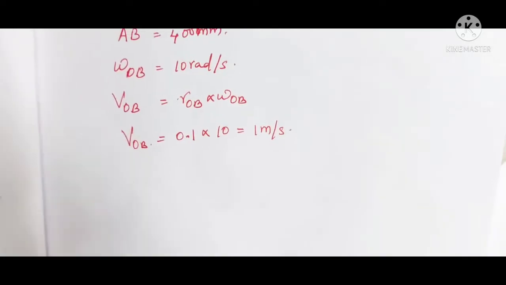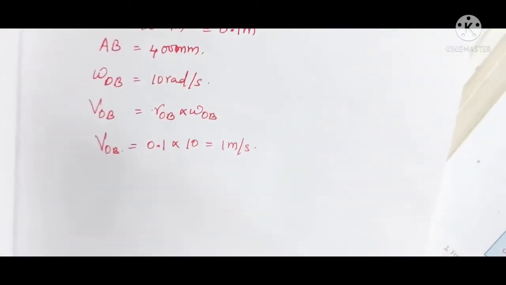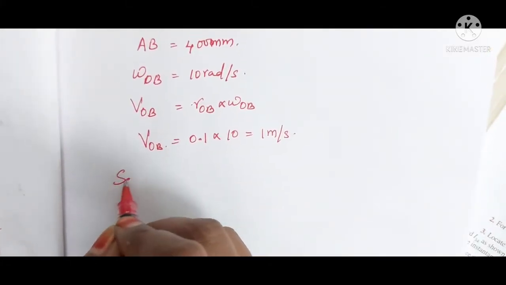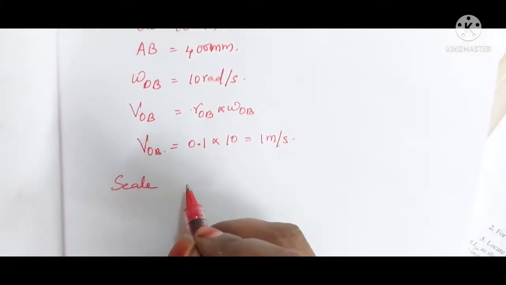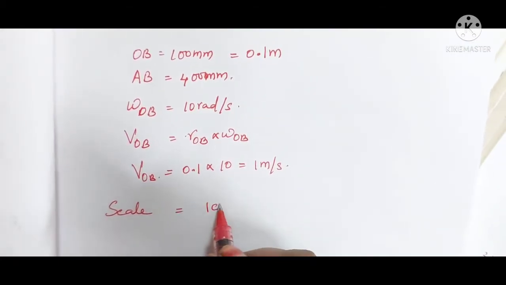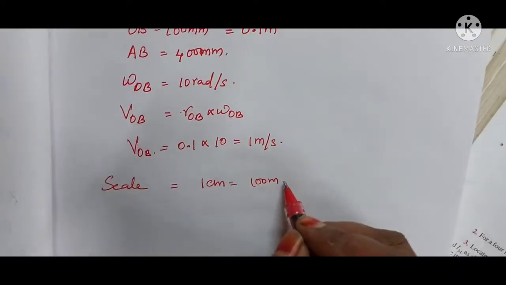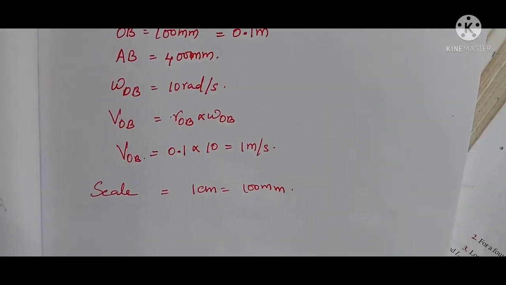Now find the number of instantaneous centers. From the diagram, first I will draw the space diagram by taking a scale. Based on the given data, 100 and 400 mm, I am simply taking 1 centimeter equal to 100 mm. With the help of this, I need to draw the space diagram.